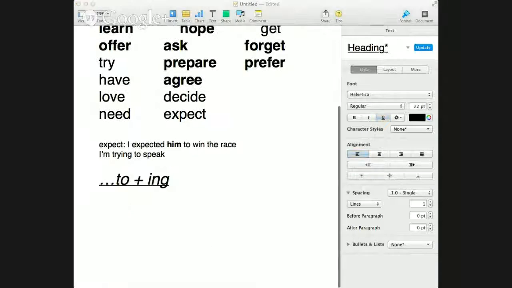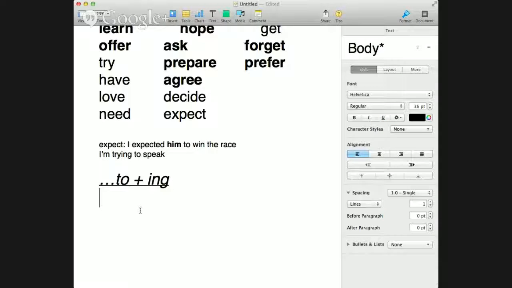So let me give you one example to get you going. Enjoy, right? You can't say I enjoy to eat. You have to say I enjoy eating pizza, for example. Enjoy is the verb that tells you you must use ing here. So we need some more verbs in this list, basically.